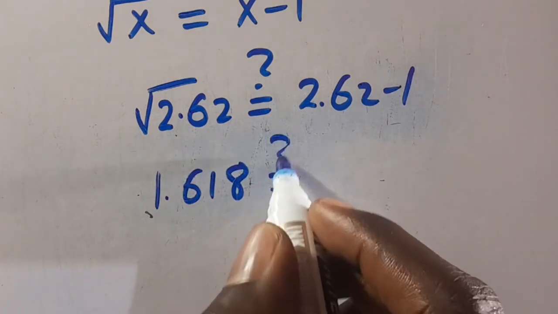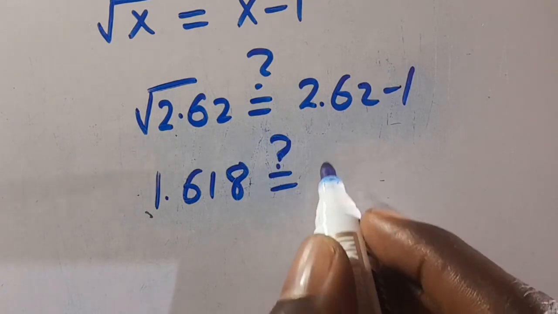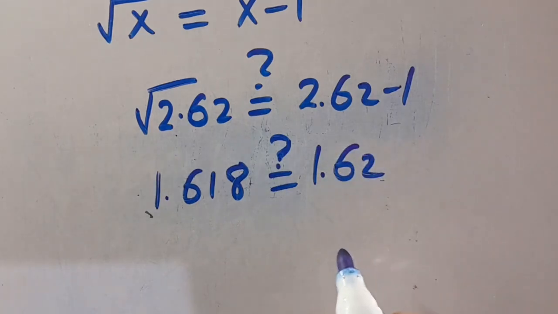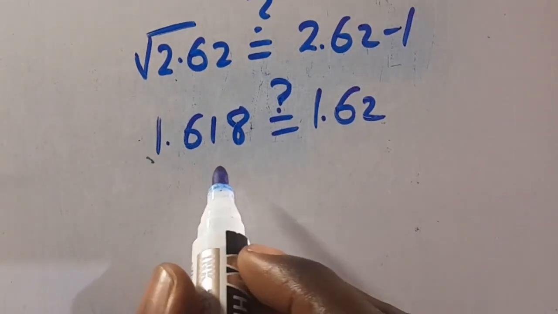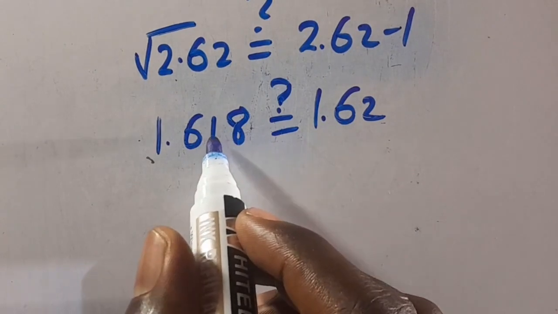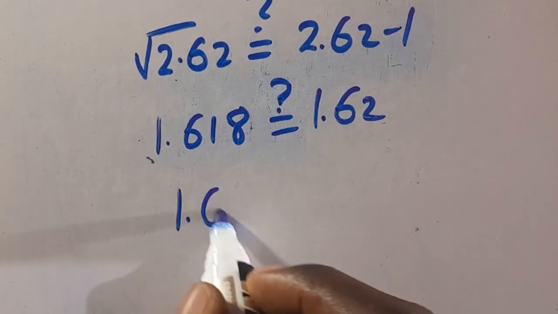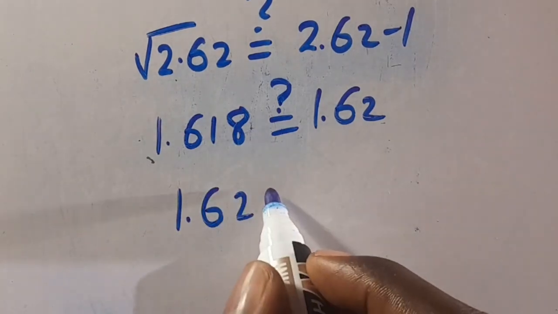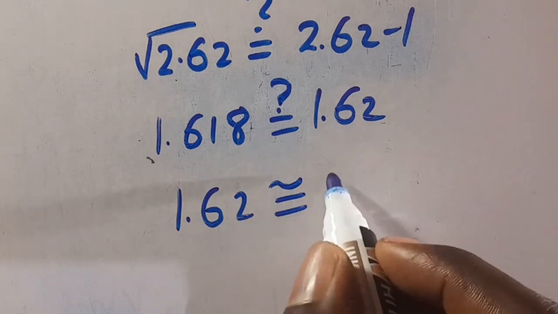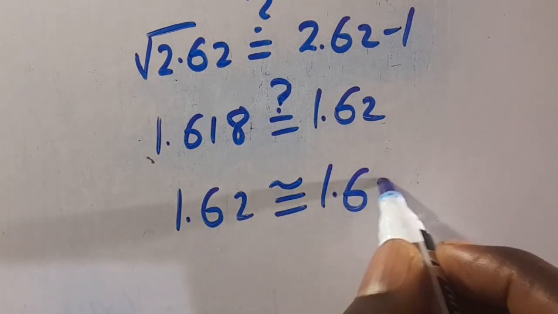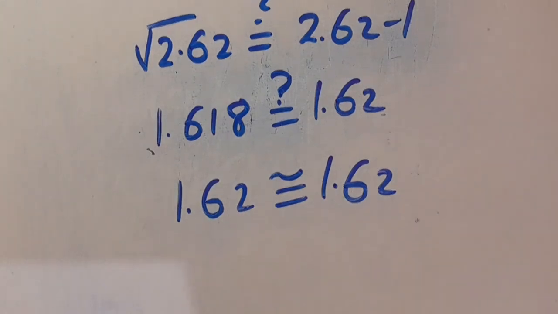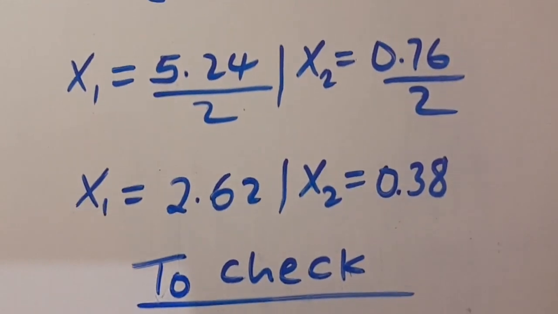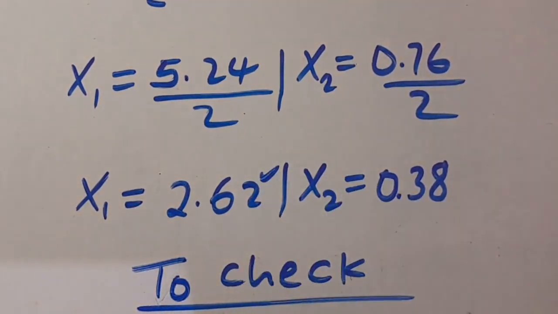Then this will give us 1.62. But when looking at this, we can approximate this to be 2. So we have 1.62. When you round this one to 1, add it to this one, make it to be 2. Then approximately equals 1.62 as this. So we can first of all consider that this is correct.